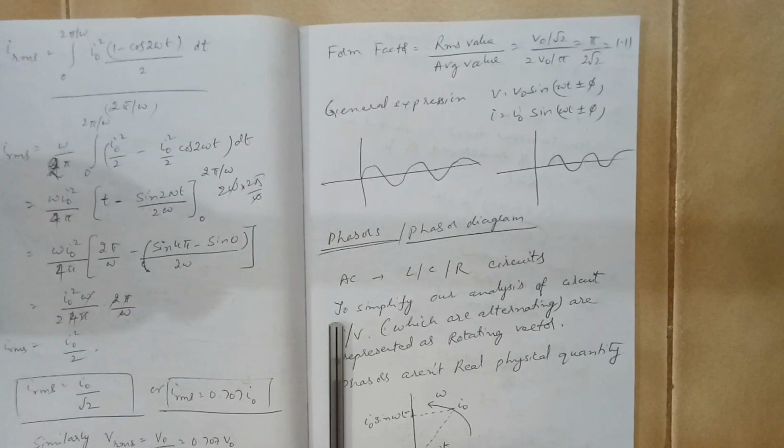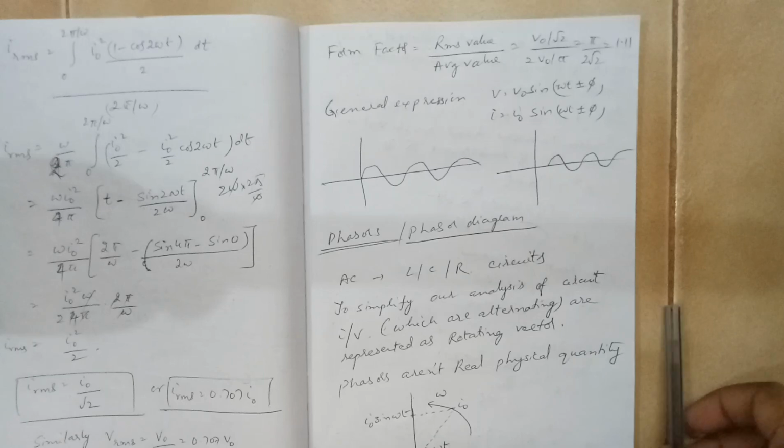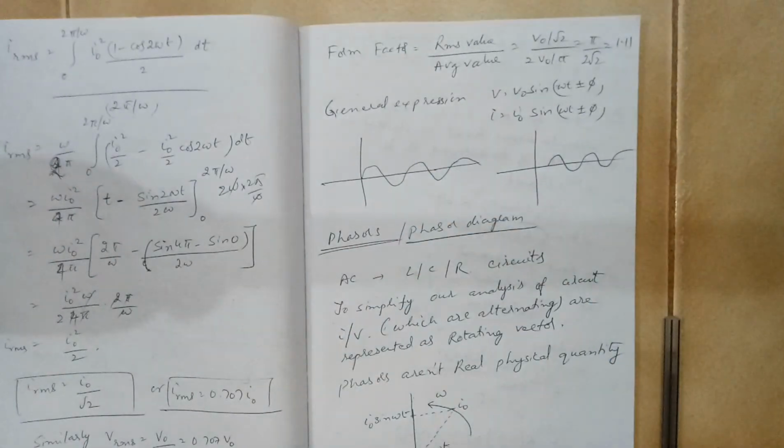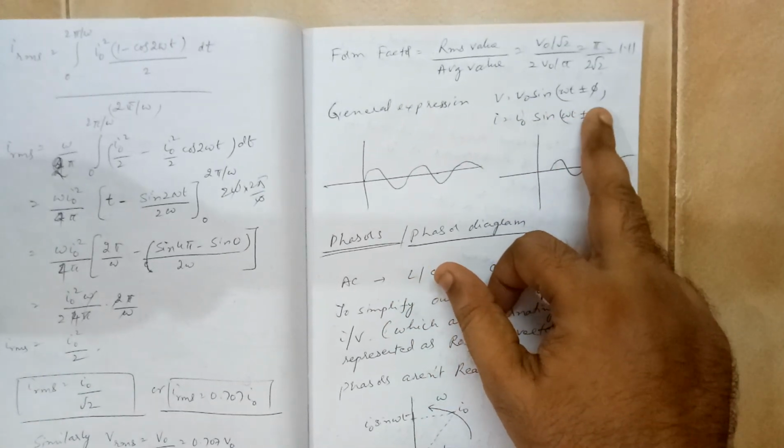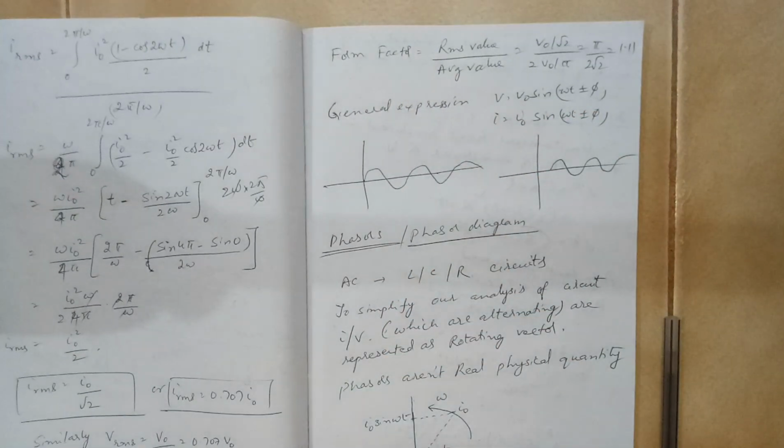Now, one more point is that this general expression for alternating voltage is usually written as V is equal to V0 sine of omega t plus or minus phi. If you recollect what you have learned in SHM, it is something similar to that. What does this mean?